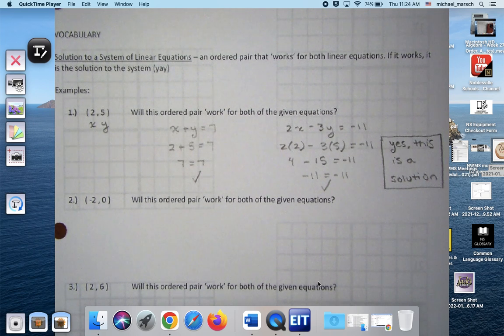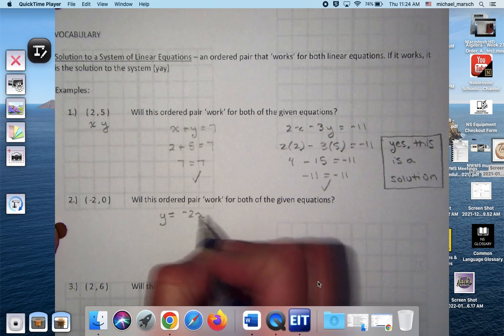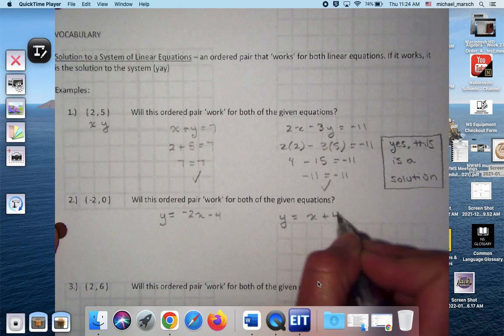Any questions so far? No. Okay, let's keep moving. I'm going to give you another two equations. y equals negative 2x minus 4. y equals x plus 4.